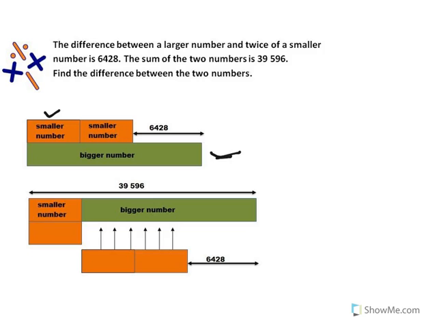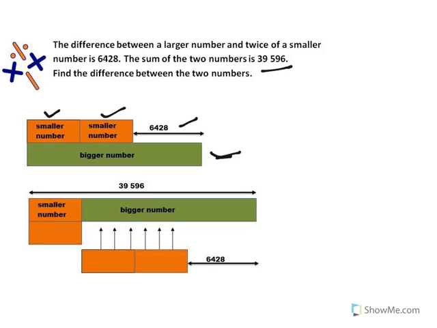Now, it's also given that the sum of the two numbers, the smaller number and the larger number, is 39,596. So instead of the larger number, we can also use two smaller numbers and 6,428 instead of the larger number.